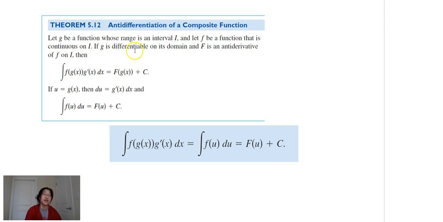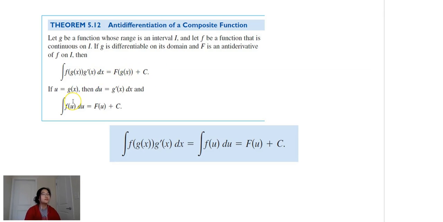G is differentiable and continuous, and cap F is an antiderivative of little f on our interval I, then the integral of f of g of x times g prime of x dx equals cap F, our antiderivative of f, of g of x plus c.